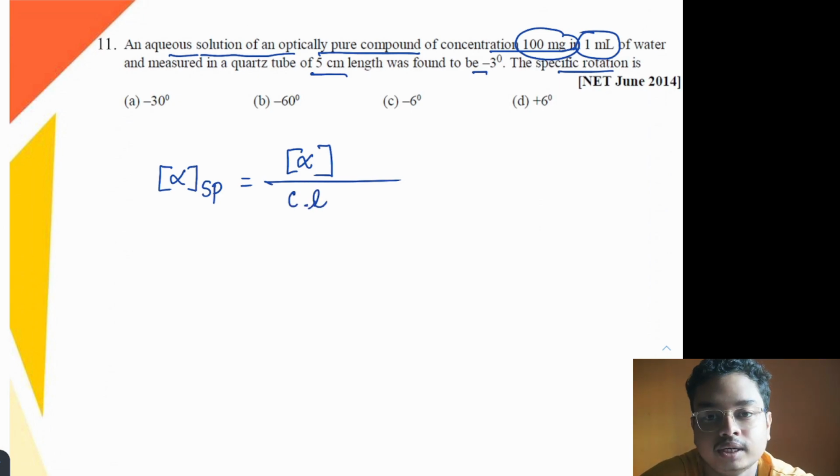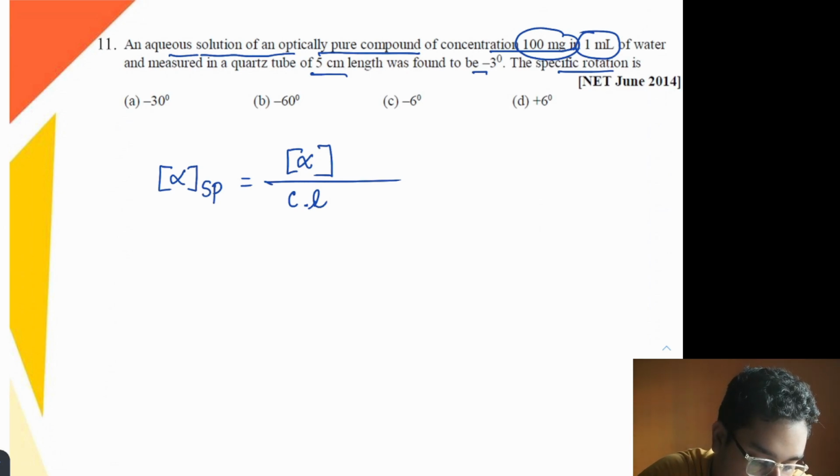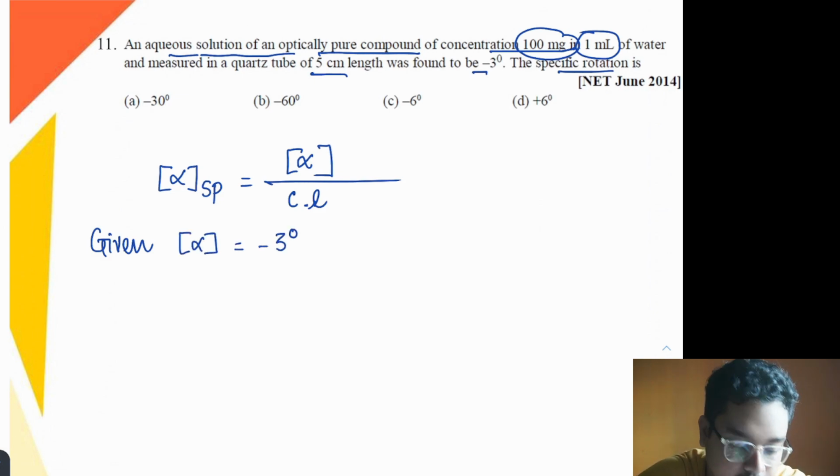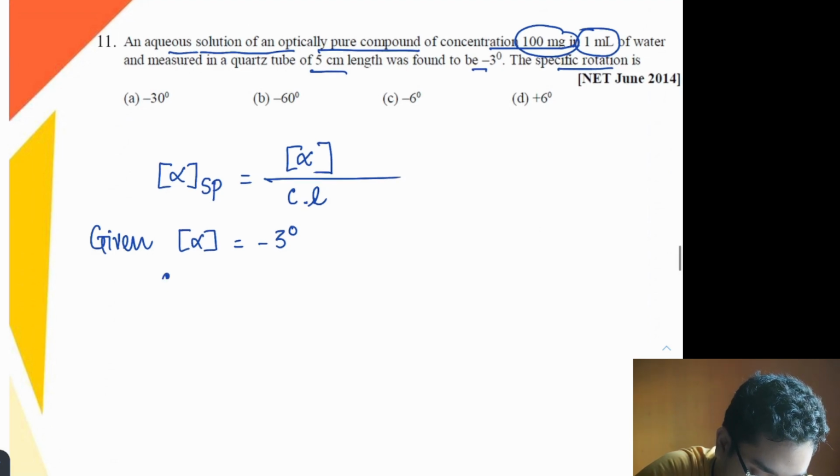I hope you remember this particular formula from our optical activity lecture. So here alpha is given as -3 degree.